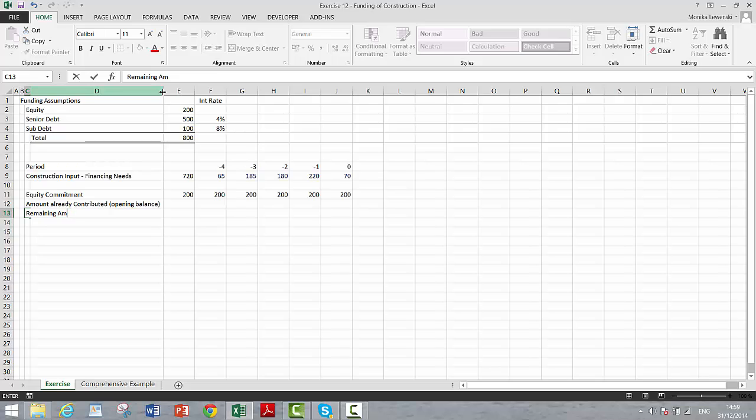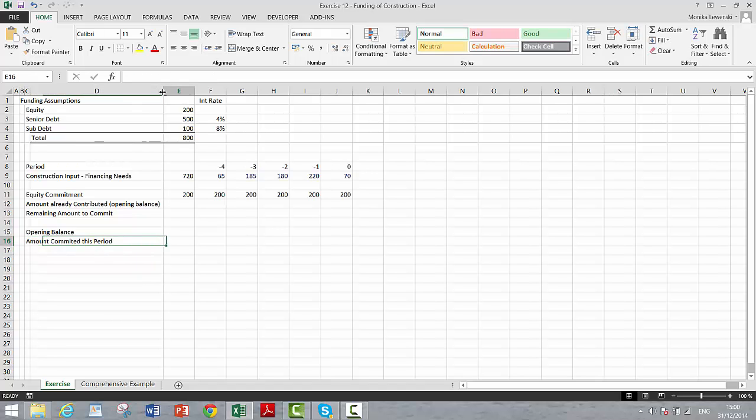Amount to commit. And the reason this one is so important is because that's the test. That's what we are going to see used to determine how much we really have to put into the project. We'll put an opening balance. Then the key number is amount committed this period.